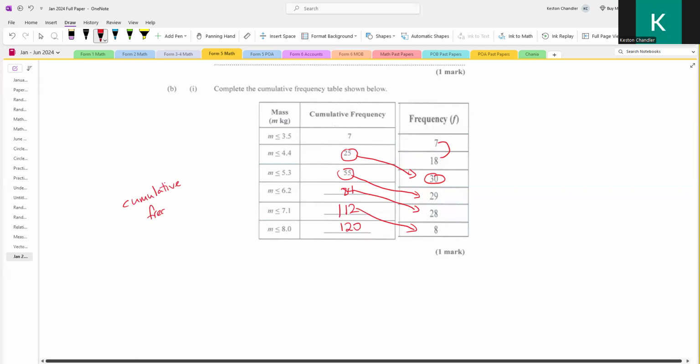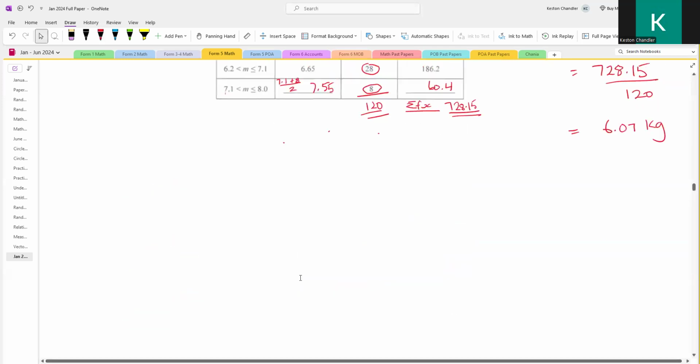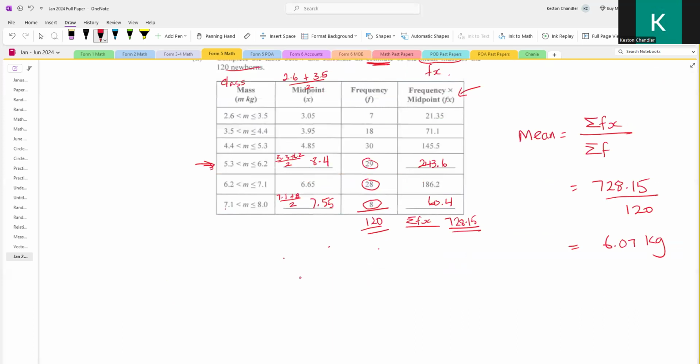Now, when we have to draw a cumulative frequency curve, you have to take your upper class boundaries or your upper class limits, either one of the two. Here they use the limits. If you go back to the table, look at this. These are the upper limits of each class. See that? 3.5, 4.4, 5.3, 6.2, 7.1.